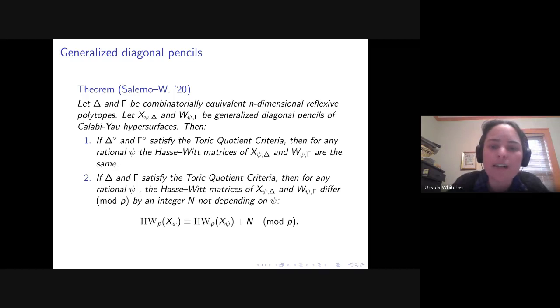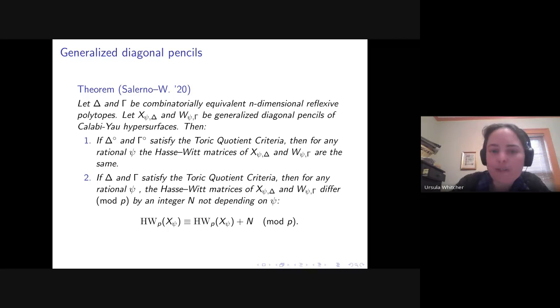That means that their Hasse-Witt matrices are going to be the same. If their polar polytopes satisfy this relationship, the Hasse-Witt matrices will be the same.